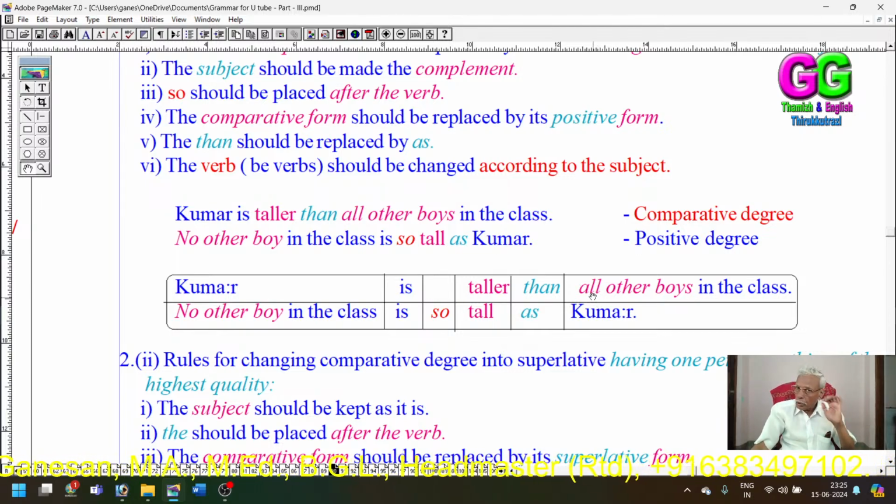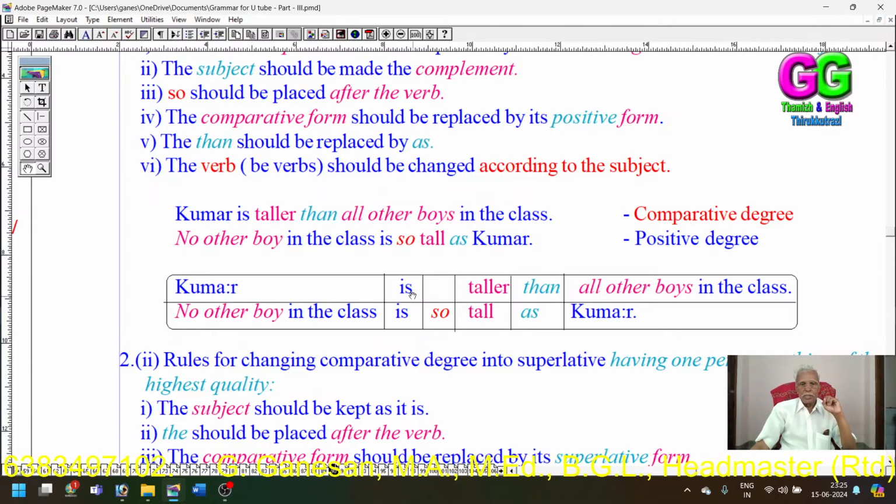All is replaced by no, boys becomes boy, and other things are kept as they are. This complement, with some change, is made the subject: all other boys in the class, no other boy in the class. That is rule one.